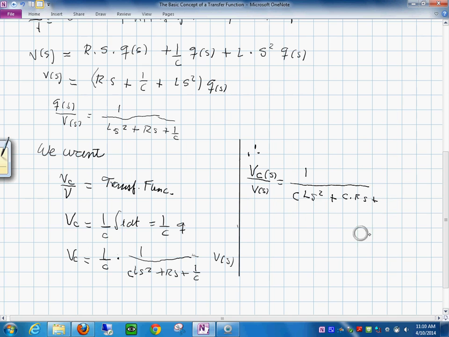Okay, so this is the transfer function, you see, and this is called the transfer function between those two.